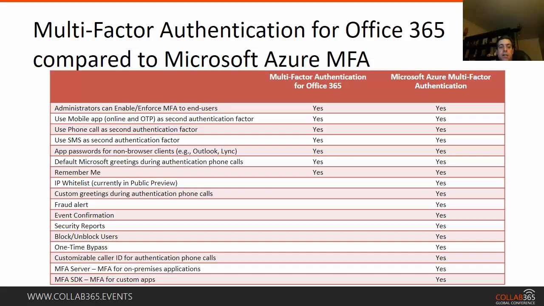If you just need administrators to be able to enable or enforce multi-factor authentication for end users, use mobile apps, OTP, and online as second authentication factor, phone call as second authentication factor, SMS, app passwords, the default greetings, and remember me.